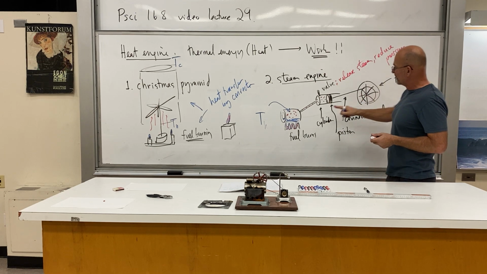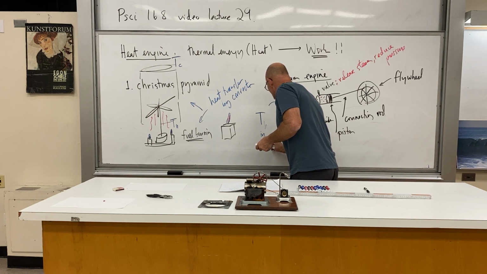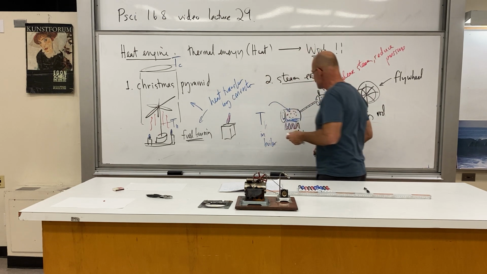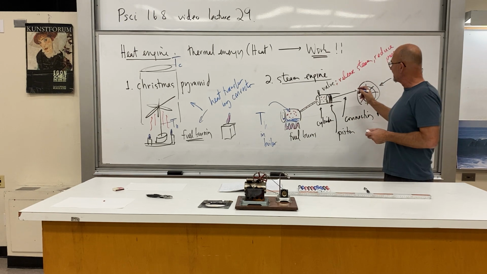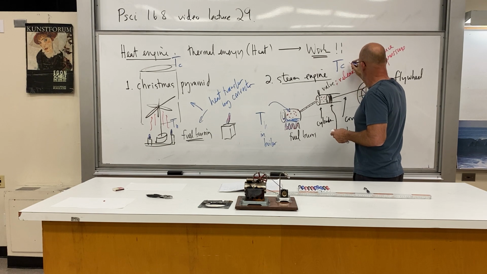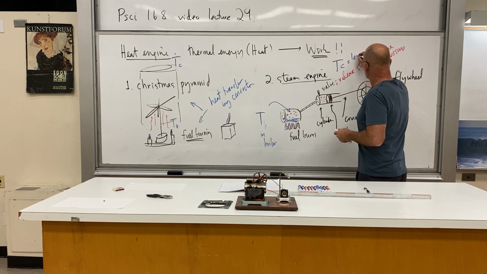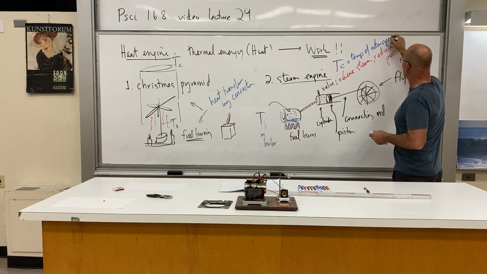So TH in the boiler, that's the temperature of that hot steam, which is under pressure. And then TC, I have to put that here somewhere, equals temperature of the atmosphere, we'll just say.